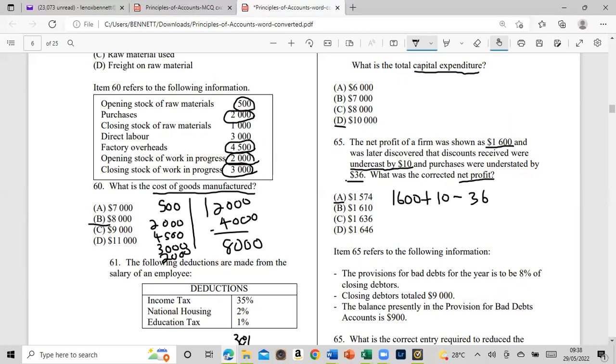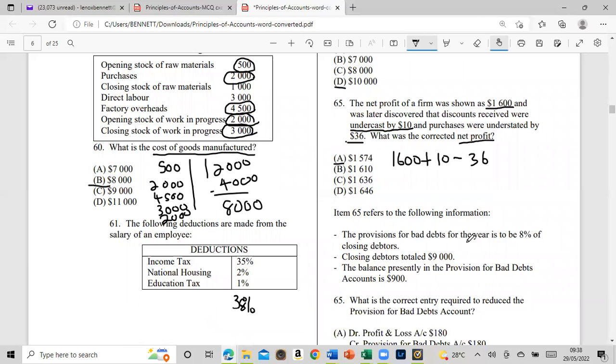It seems as if we have 265. So we just did 65, and it says item 65 refer to the following information. So let's just call this 65 2, and this is 65 1.